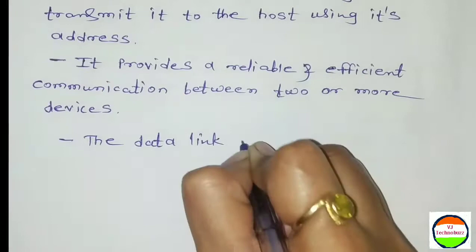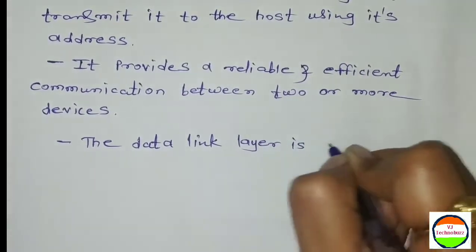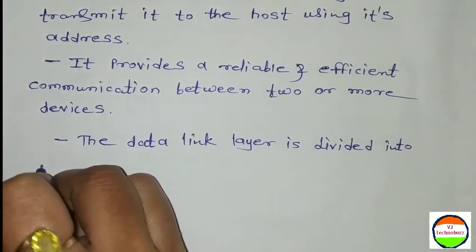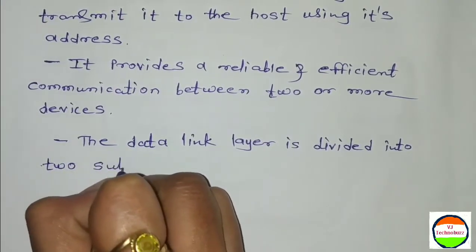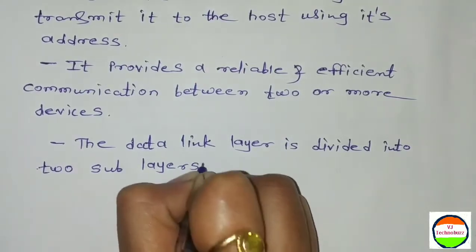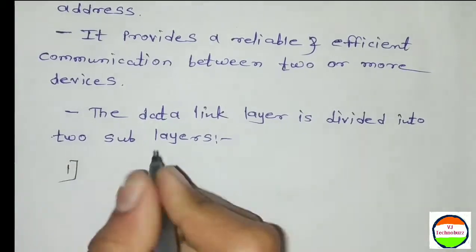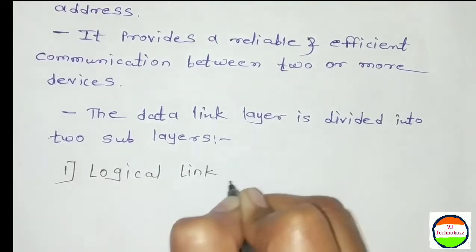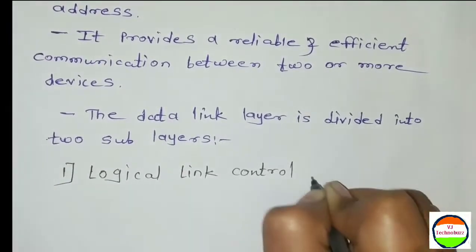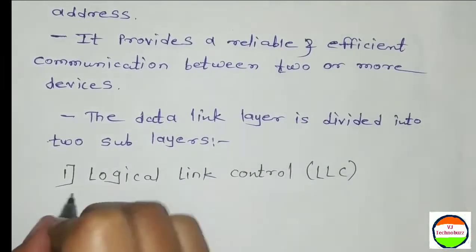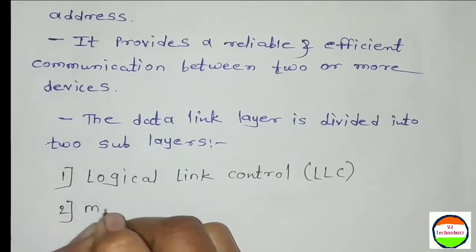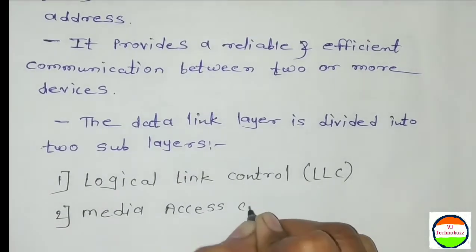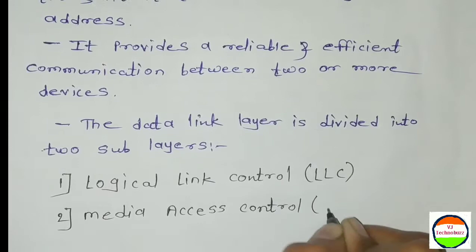The first one is logical link control, that is LLC, and the second one is media access control, that is MAC.